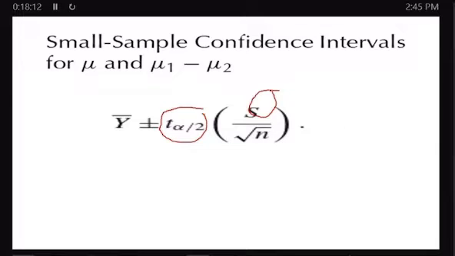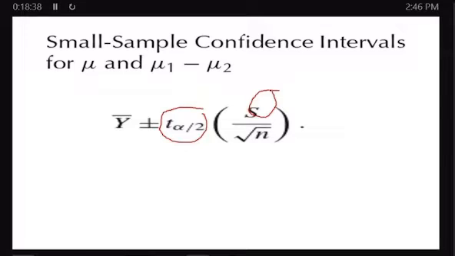Does that make sense? Then another story here is that the small sample is only applicable when the interest is on estimating the mean from one population or the difference of means.